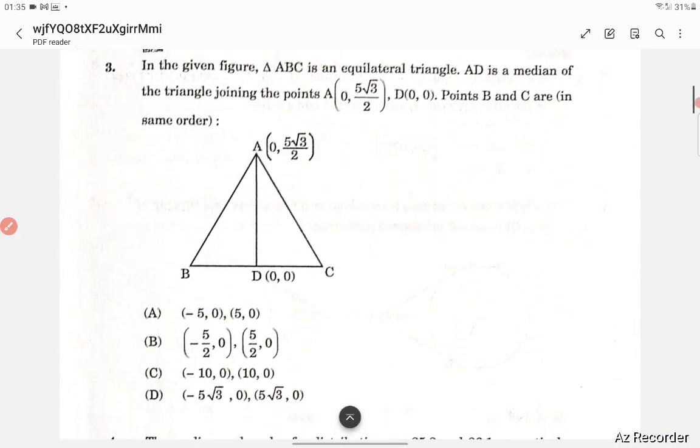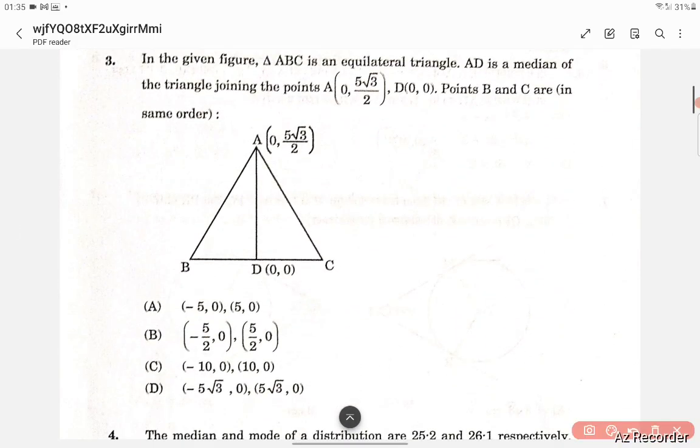Okay, moving on to this third question. Now you're supposed to find the coordinates of B and C. A is given and D is the median. Now we know the formula that the median of an equilateral triangle is root 3 a by 2. Now this is the median, right?